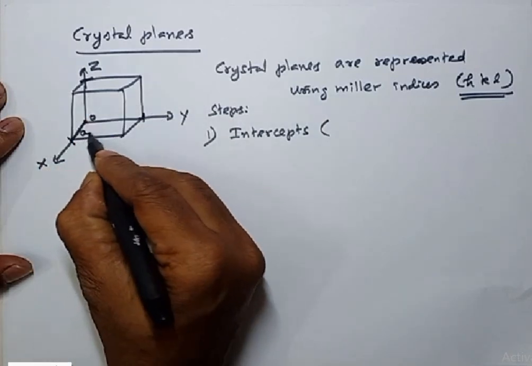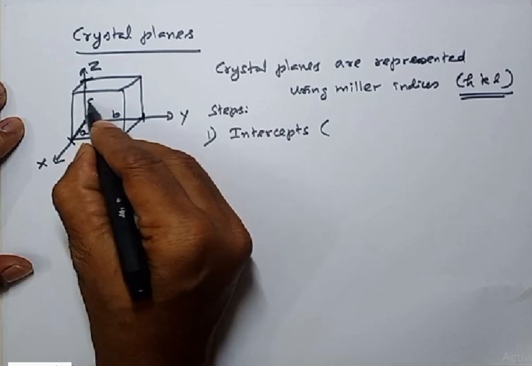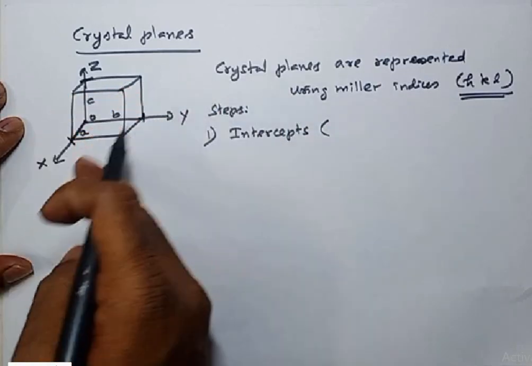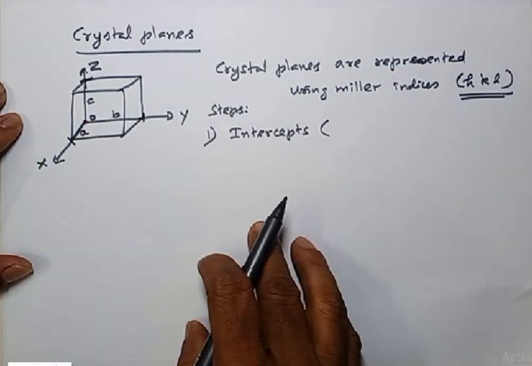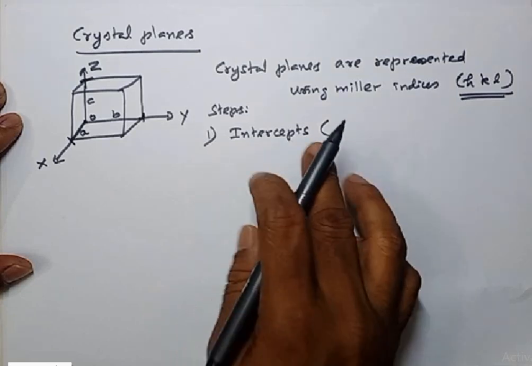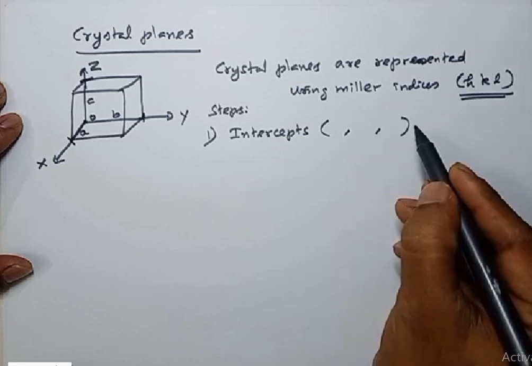If you take the unit lengths as A, B and C, the x, y and z intercepts are given in terms of A, B and C. So first you find the x, y, and z intercepts.